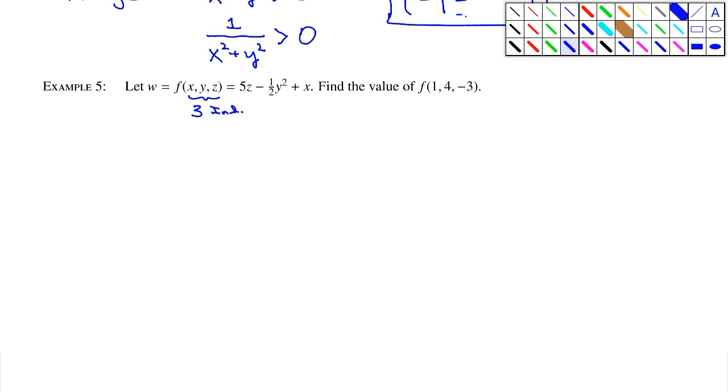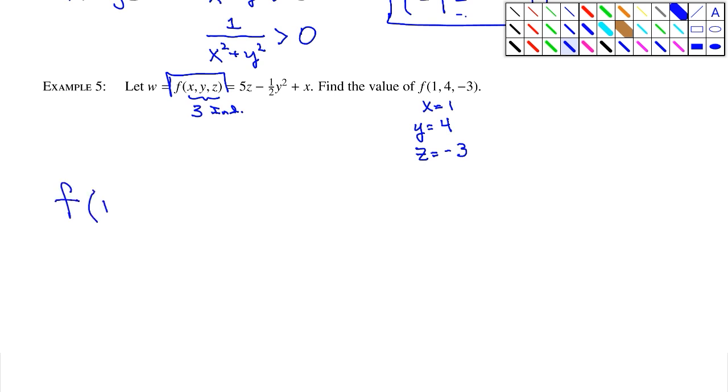Here it's important to note the order of the variables when they are declared in the function: f of x comma y comma z. That means the x is 1, the y is 4, and the z is negative 3.